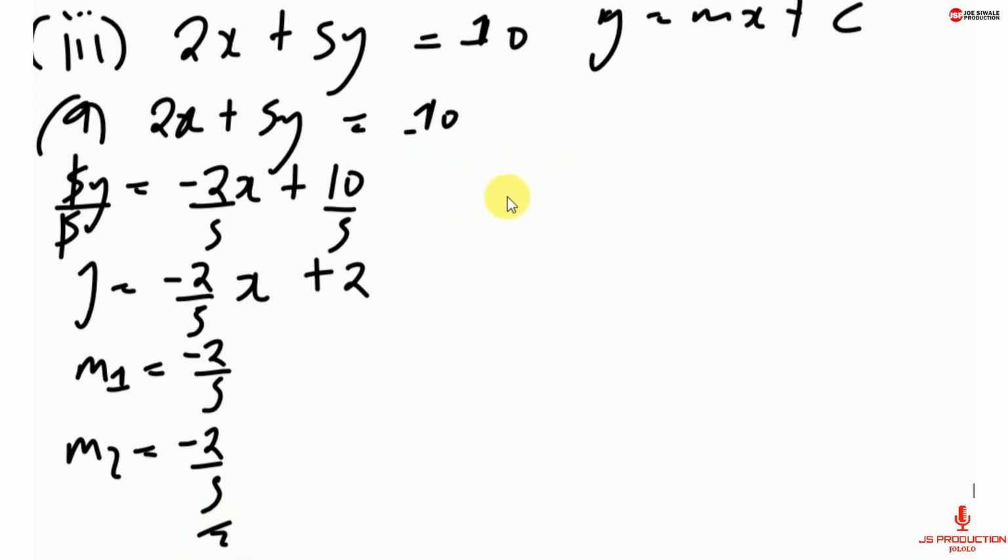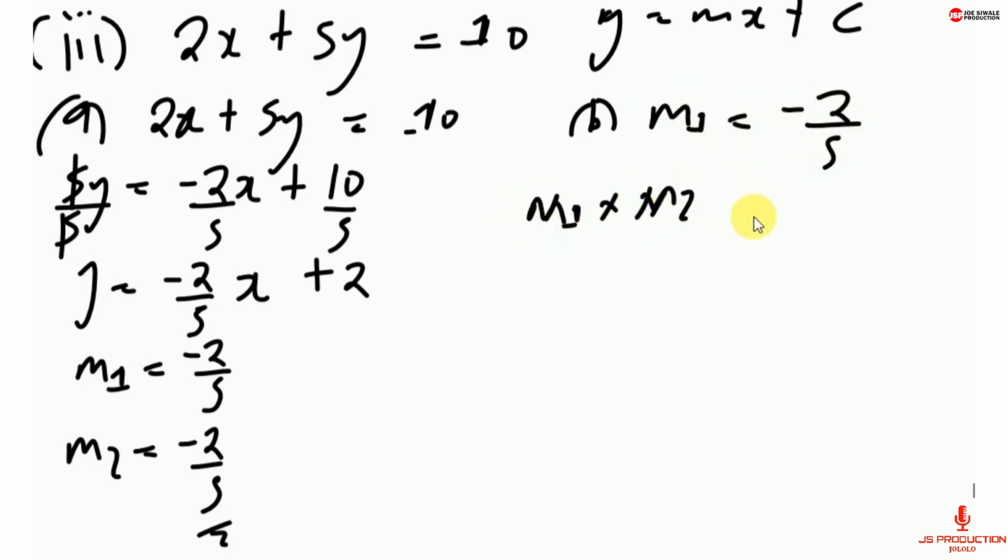Let us now look at B, finding the gradient of a perpendicular line. So we know that our gradient, our m1, is equal to negative 2 over 5, and we know that m1 multiplied by m2 of a perpendicular line is supposed to be equal to negative 1.